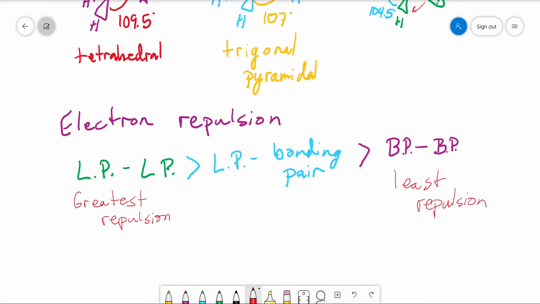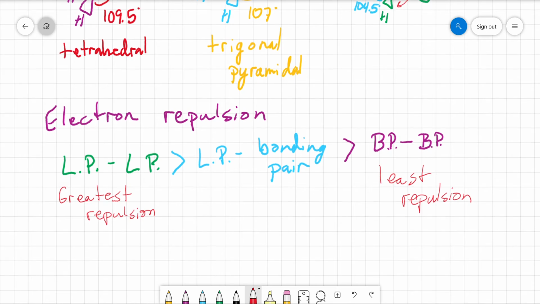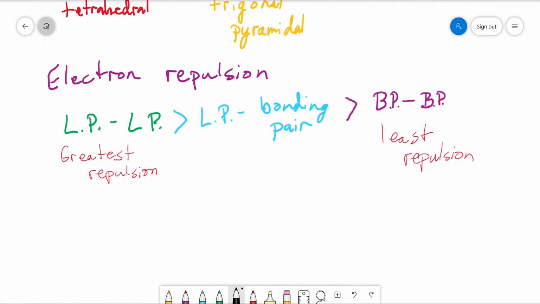And one way to think of that would be, let's just make a bond here. Doesn't matter what the bond is. The reason the bonding pair repulsion isn't very great is because the electron density in a bond is localized between the 2 atoms. But if we have a lone pair, like on that nitrogen, it takes up a relatively large space.